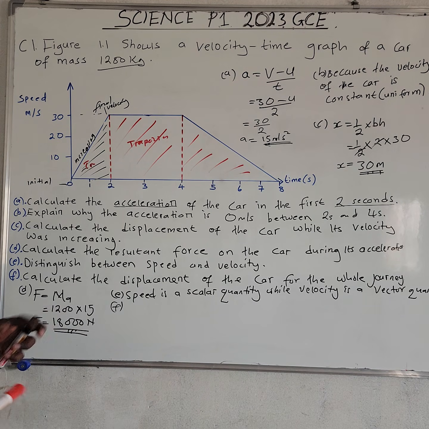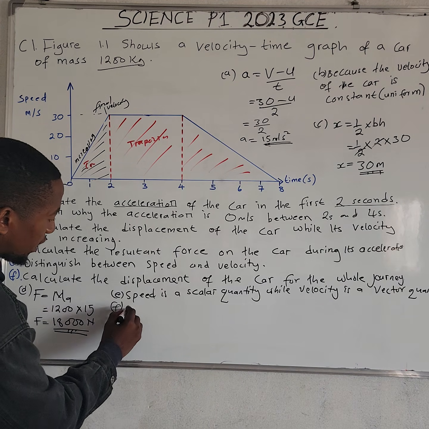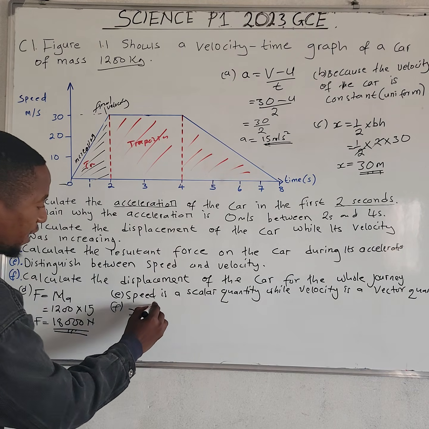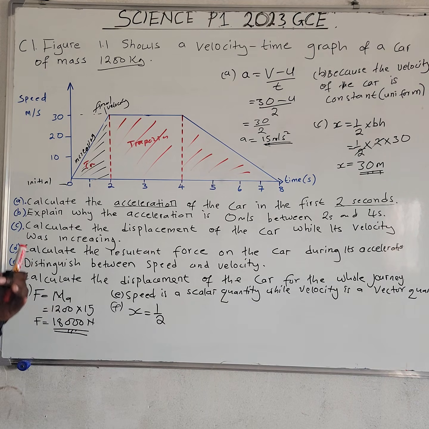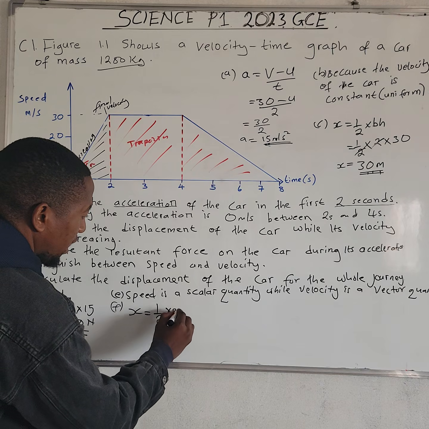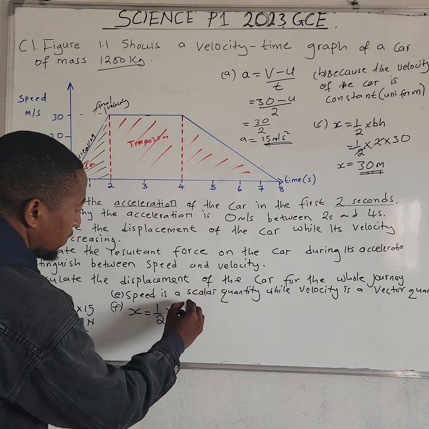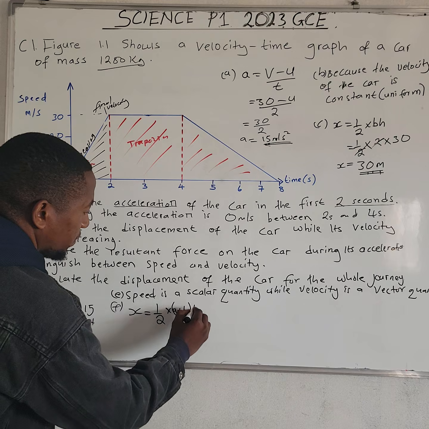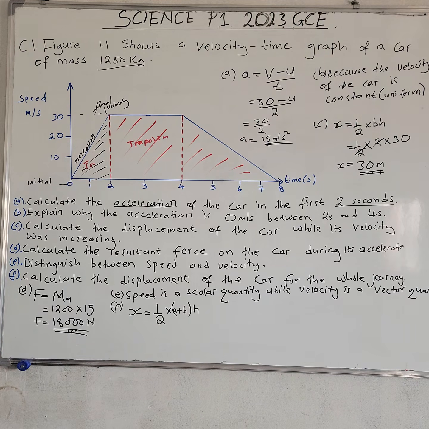So what are we going to do? For the trapezium, x is equal to half times (a plus b), multiplied by h, which is the height.